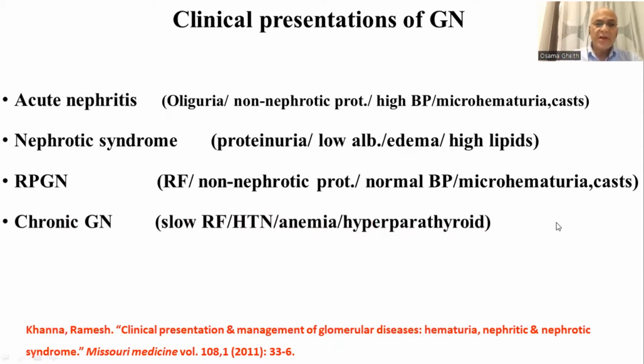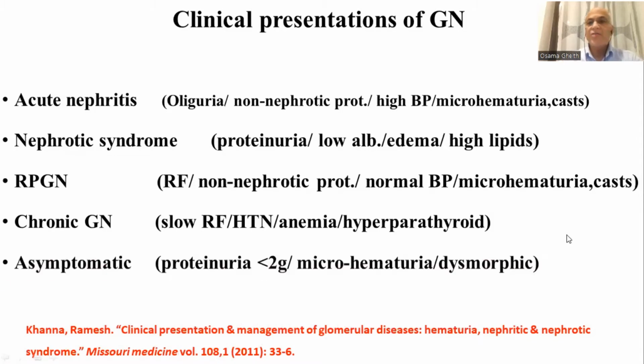The fourth clinical presentation is chronic GN, characterized by slowly progressing renal dysfunction, hypertension, anemia, and hyperparathyroidism, and the patient may be asymptomatic.